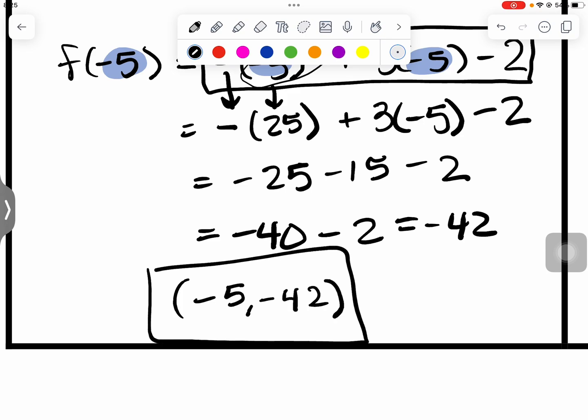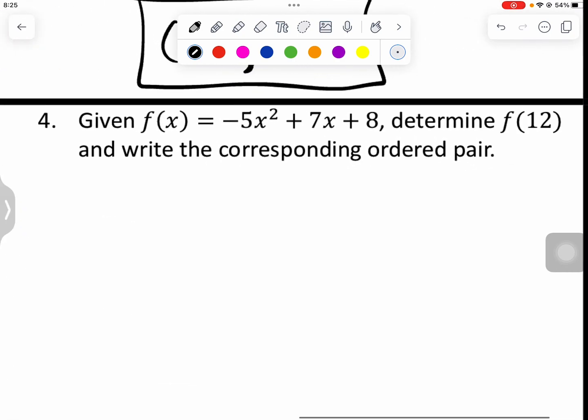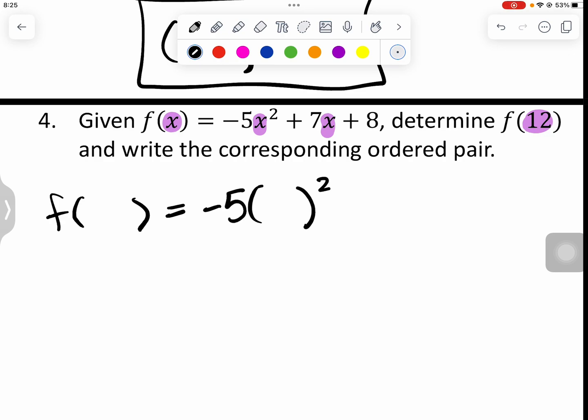All right, one more. Here we go. We want f of x equals negative 5x squared plus 7x plus 8. Determine f of 12. Again, I'm going to open the parentheses where the x's are before I put my value in. f of x equals negative 5x squared plus 7x plus 8.